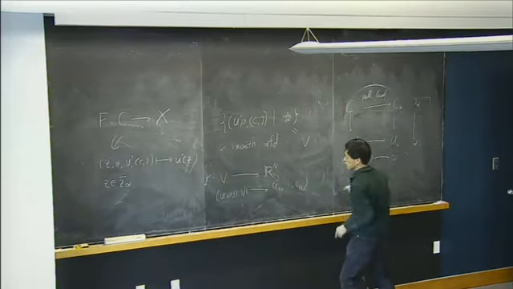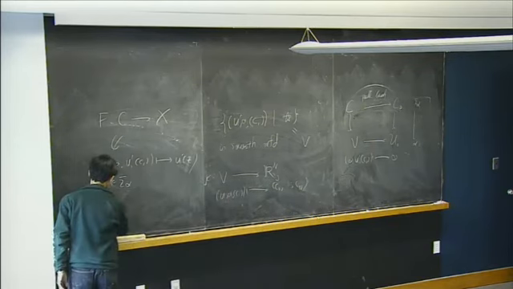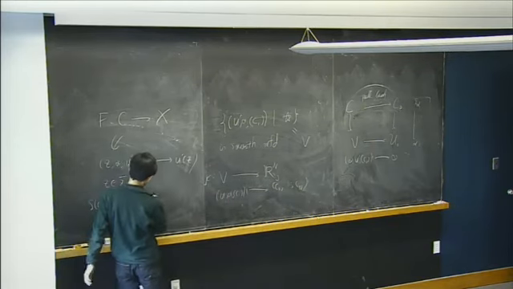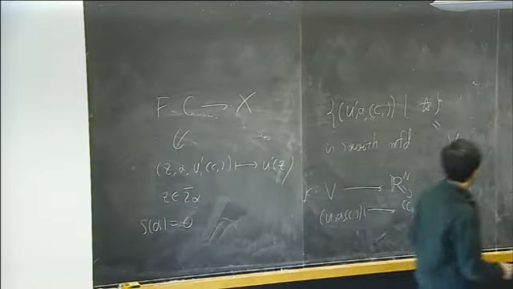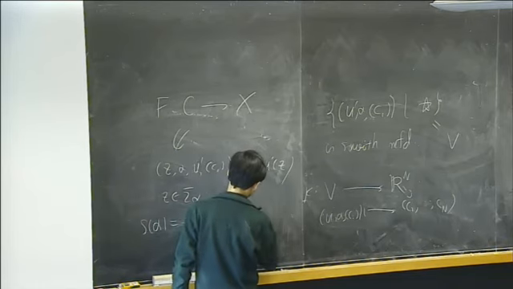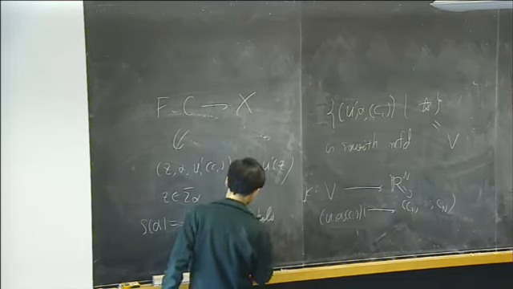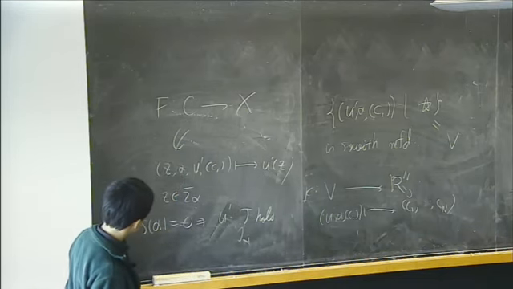Then if this S, so this is the final point. If S of alpha is 0, then U prime restricted to this fiber, U prime, so then U prime is J holomorphic with respect to small j alpha, right? Kappa. In this context, you called it kappa, right? Yeah, kappa.